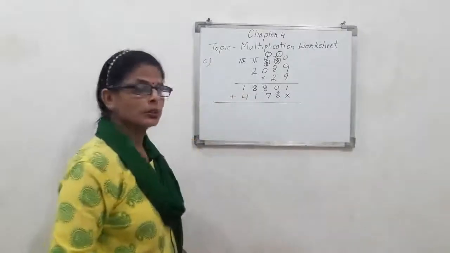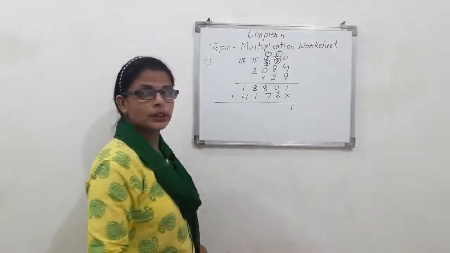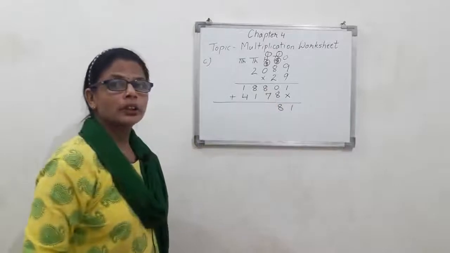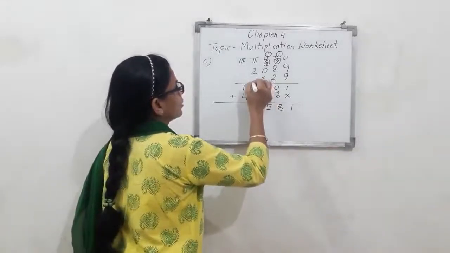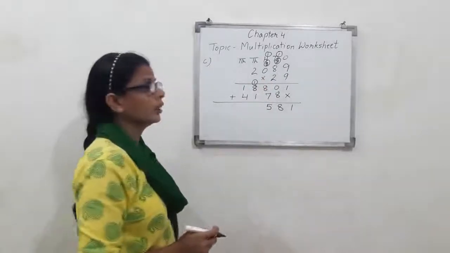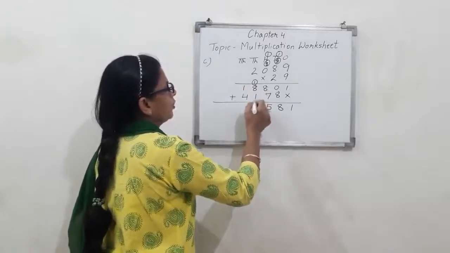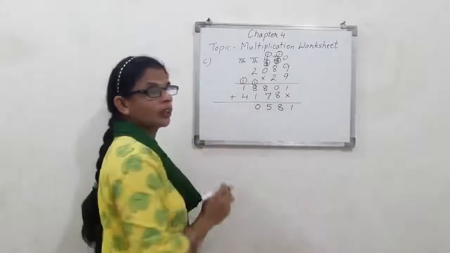1 plus cross, 1 only. 0 plus 8, 8 only. 8 plus 7, 15. 5, 1 will be carried on the 1000 place. 8 and 1, 9. 9 and 1, 10. 0, 1 will be carried on the 10,000 place. 4 and 1, 5. 5 and 1, 6.